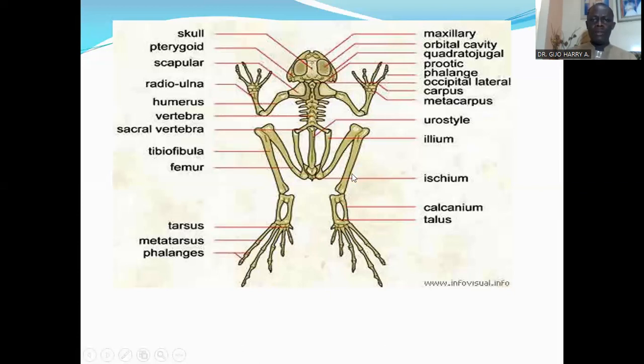Then in the feet, just as with mammals, we have the femur, then the calcaneum and the talus, which correspond to the tibia and the fibula. Then we also have the tarsus found in mammals, the metatarsus, and the phalanges.